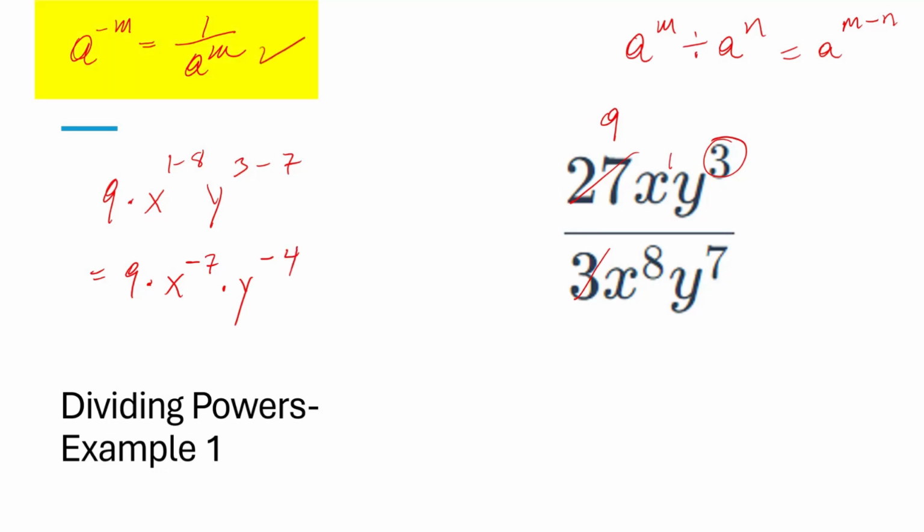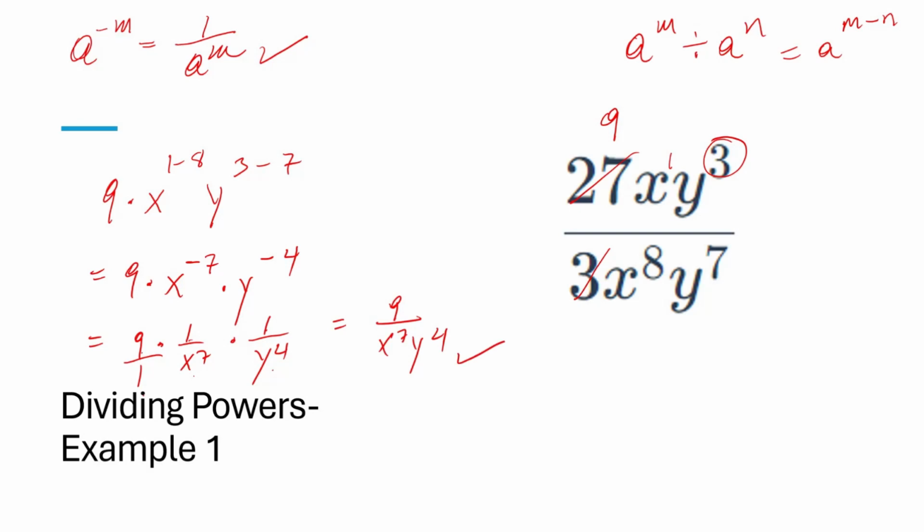Now I can use this rule to rewrite both of these. This is going to be 9 times 1 over x to the 7 times 1 over y to the 4. Now this is 9 over 1, multiplying 9 times 1 times 1, going to simply give me 9. 1 times x to the 7 times y to the 4 is going to be x to the 7, y to the 4. And that completes that problem.